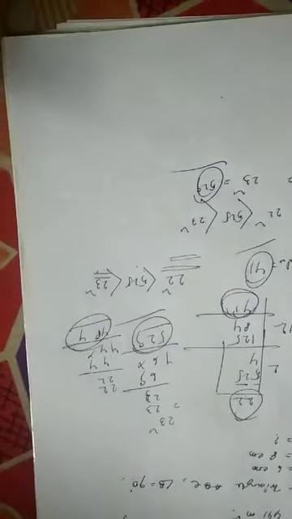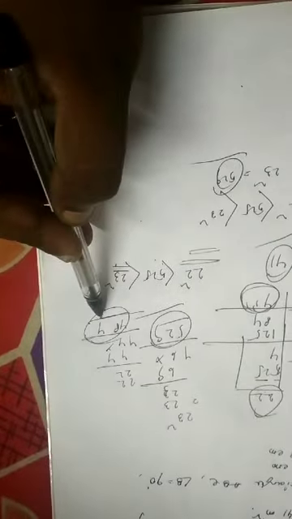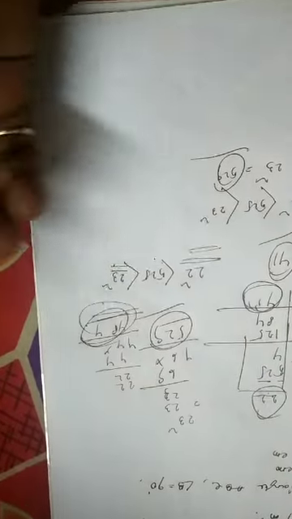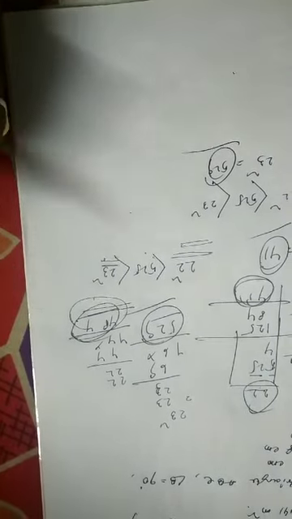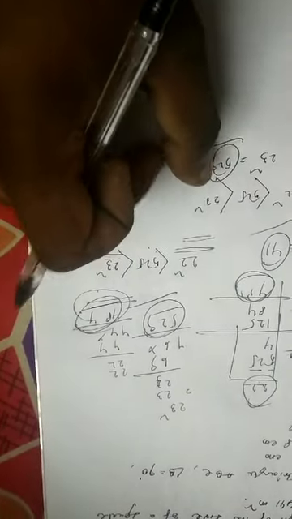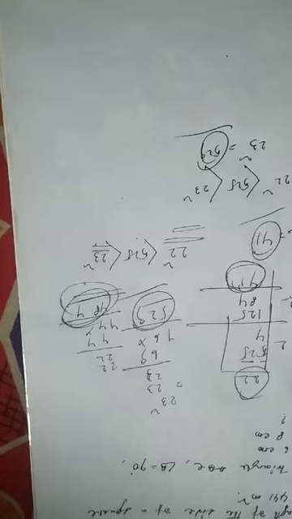So after 484, which was 22 square, the next square number is 529, which is the square of 23.